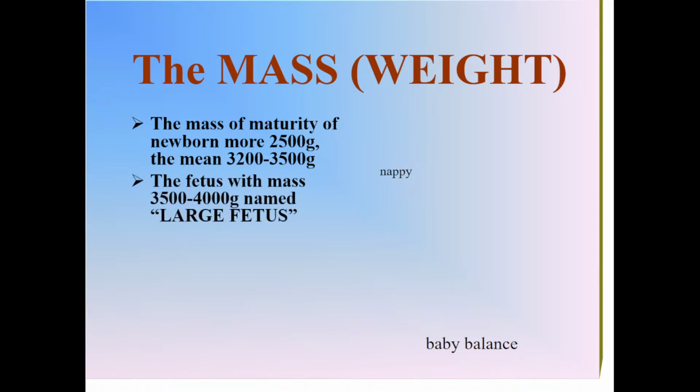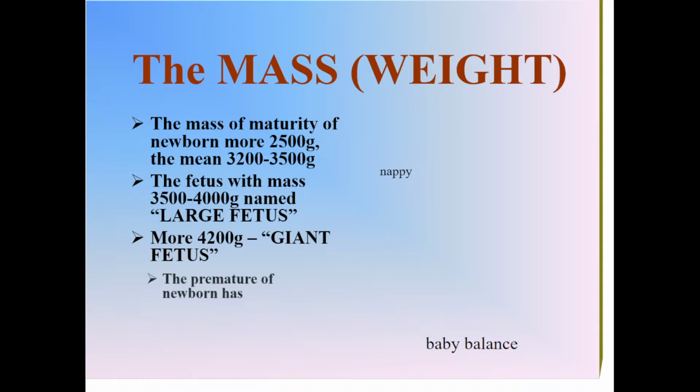A fetus with a body mass from 3,500 grams to 4,000 grams is named a large fetus. More than 4,200 grams is a giant fetus. A premature newborn has weight lower than 2,500 grams.